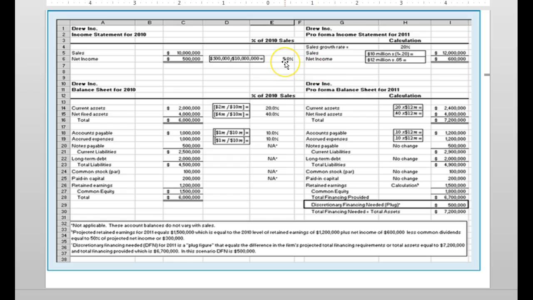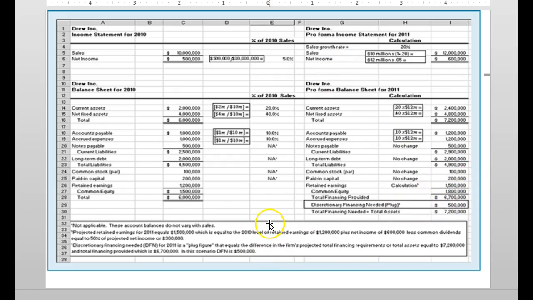So our net income is 5% of that $12 million, so I have $600,000 in net income. And then you just flow that down by taking these percentages and multiplying over. No change, no change, and this was a calculation and a plug number.